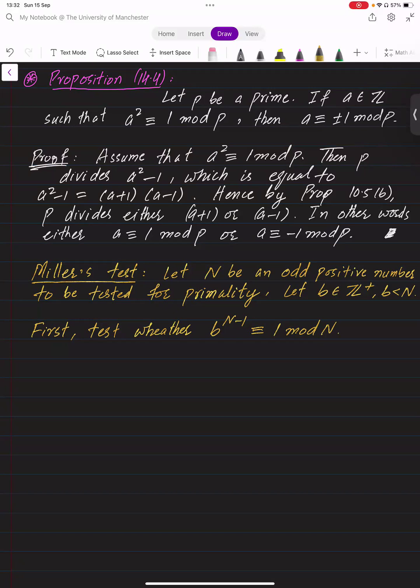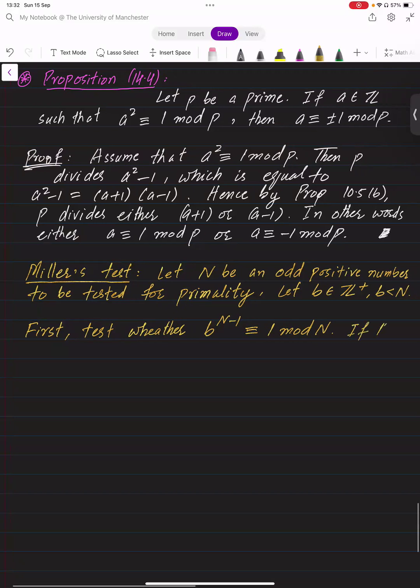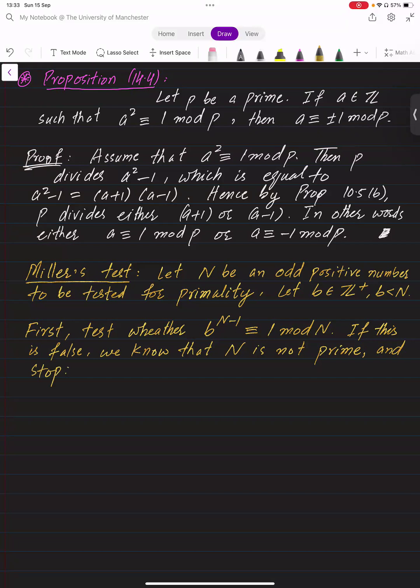If this is false, we know that n is not prime, and we stop.